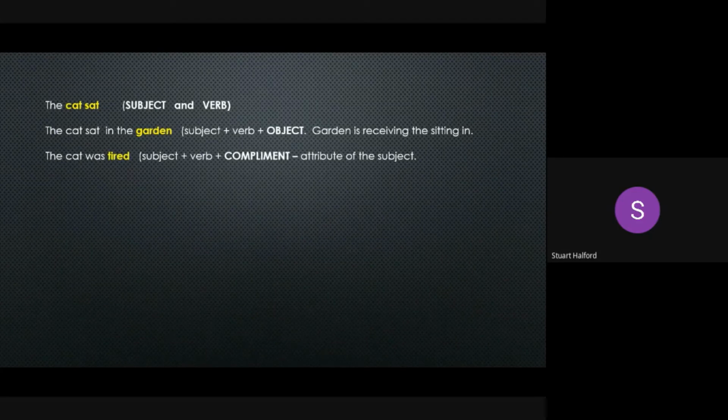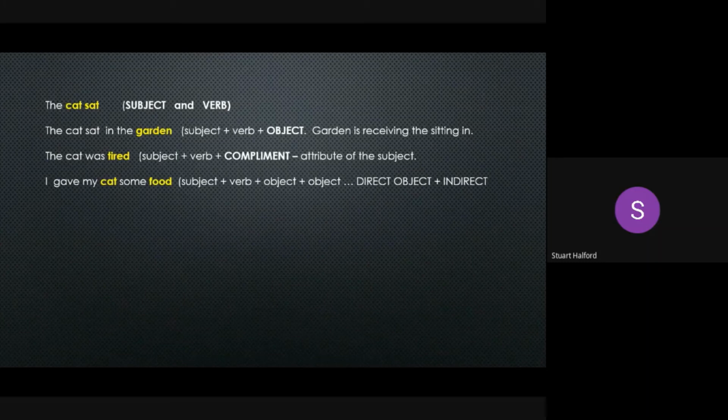Here's an example of a subject-verb-complement structure. We've got the cat as the subject, was, that's the verb, the being. So the cat is being something. What is it being? What's the attribute of it? And that is tired.